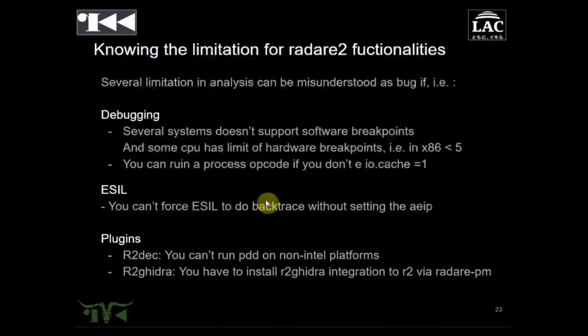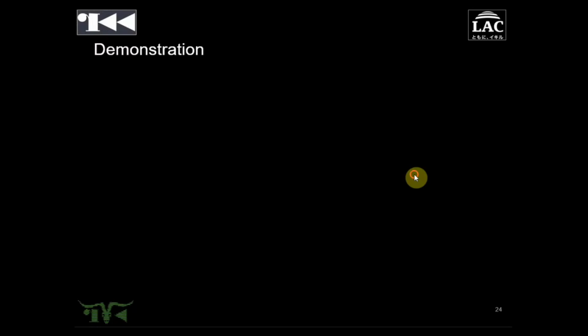And for R2Ghidra, you have to install the R2Ghidra integration with the Radare package manager, or else you can compile Ghidra, but probably you cannot make it integrated with Radare2 if you don't set it up properly.